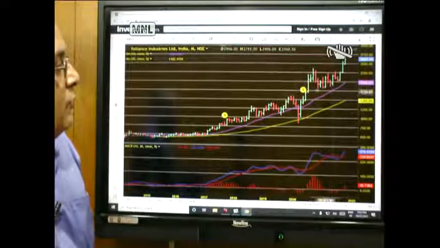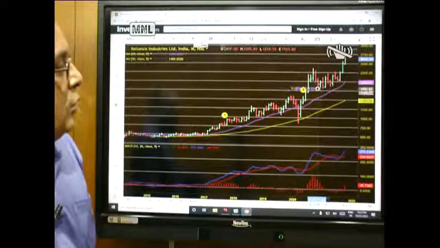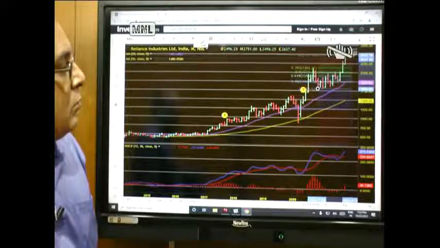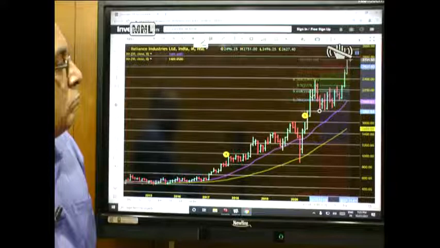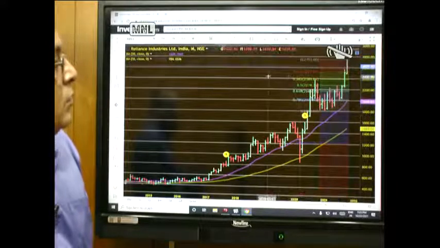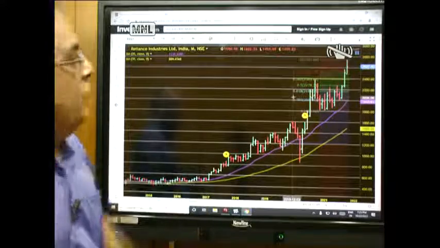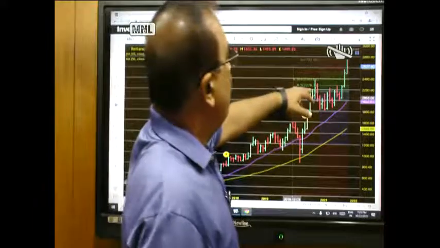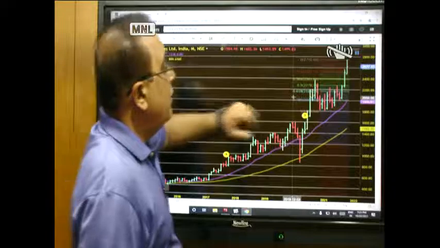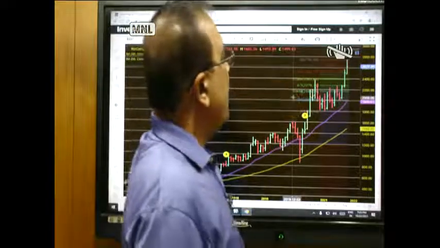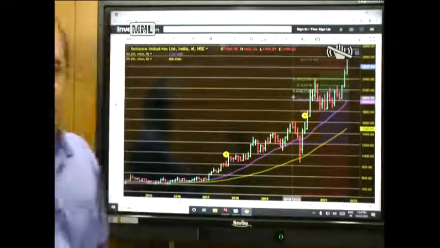So let's look from this particular level, which is one important low. Now you can see the first support coming closer to 25.27, which is the 23.5% retracement. Then the second support comes to 23.90, so that is what we said, 24.20 also.